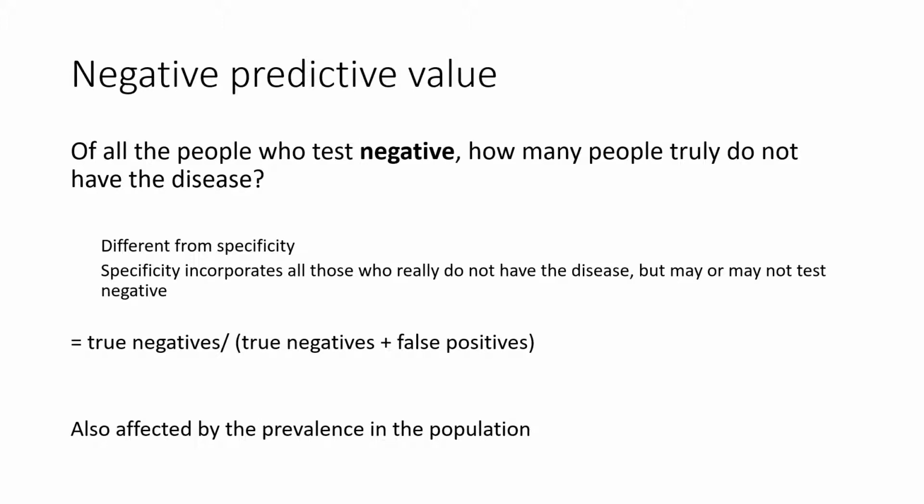And this is also different from specificity, because specificity incorporates all those who really do not have the disease, but may or may not test negative. And so the equation for negative predictive value is the true negatives divided by the true negatives plus false positives. And this is also affected by prevalence in the population.